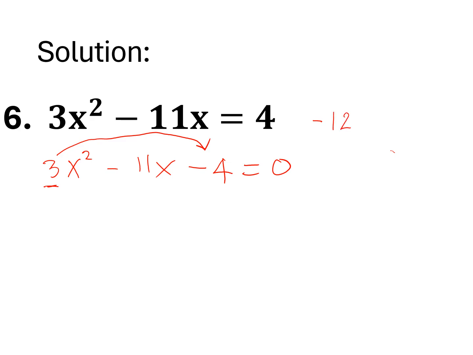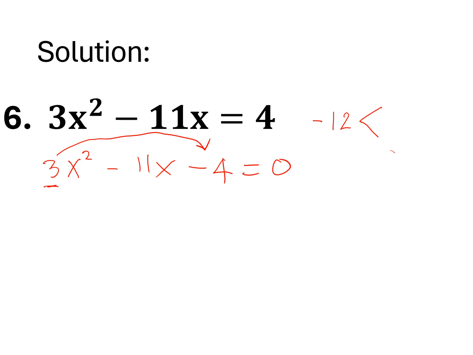Then you're going to find two numbers that when multiplied, the product is negative 12, and when you add the two numbers, the result is negative 11.